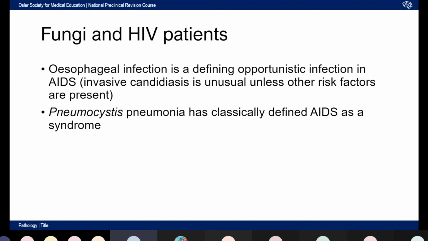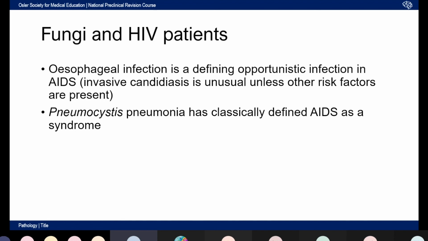I just thought I'd outline, I mentioned that they happen in immunocompromised people because they're opportunistic infections, but there's a big problem with fungi in HIV patients. So Candida albicans tends to be one of the first opportunistic infections that happens in people with HIV/AIDS. So it's one to look out for.